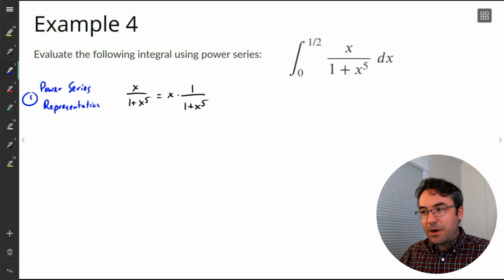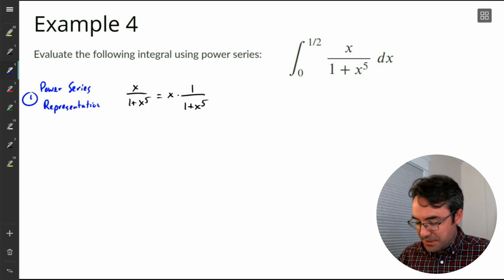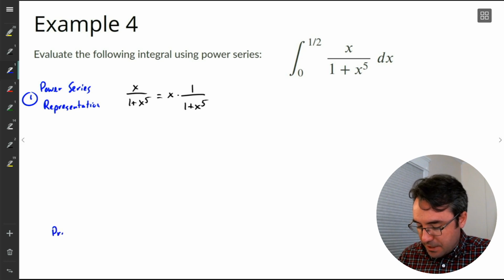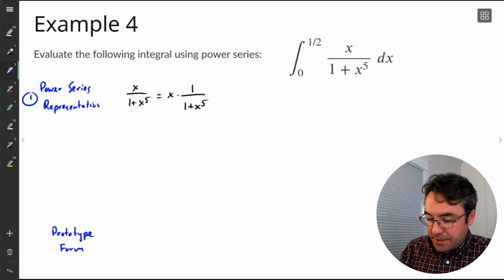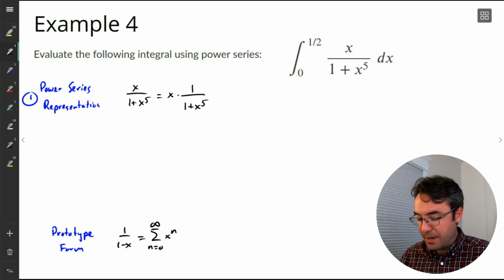Well, we're always trying to think back to that one form that we're always referring back to. So let's write that down. What's our prototype? Well, that's 1 over 1 minus x, and we know that's the sum from n equals 0 to infinity of x to the power n.